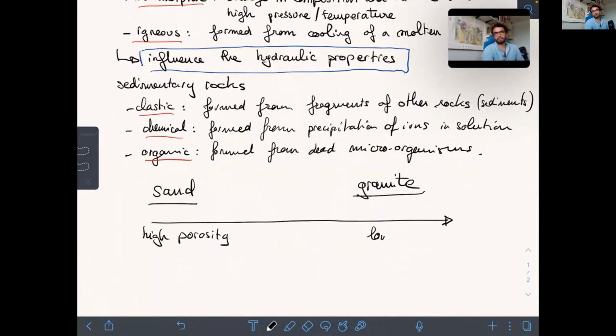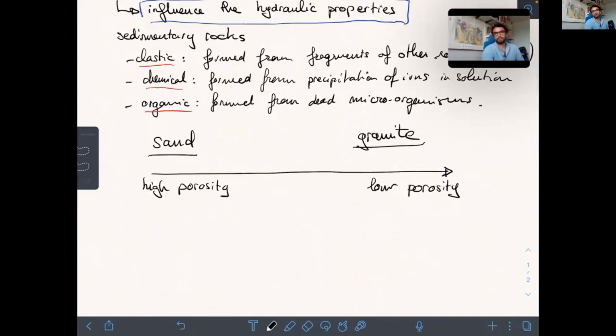In the granite, we have low porosity. Okay, and in the sand we have high permeability. And in the granite, we have low permeability, generally.